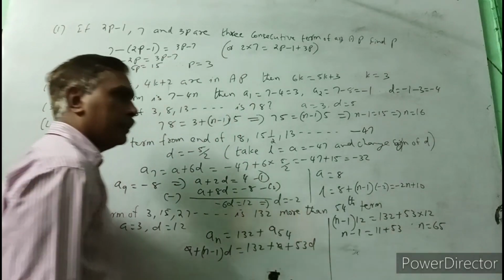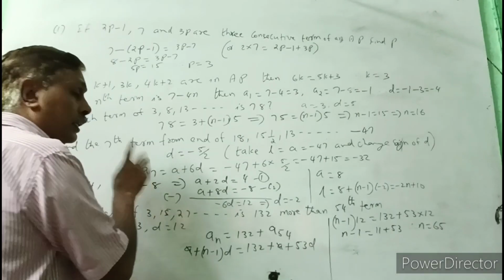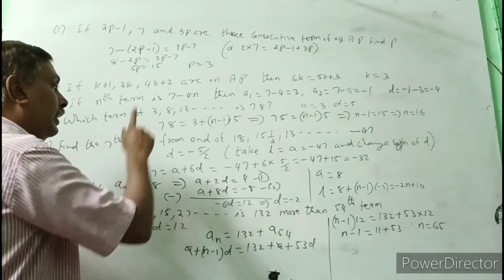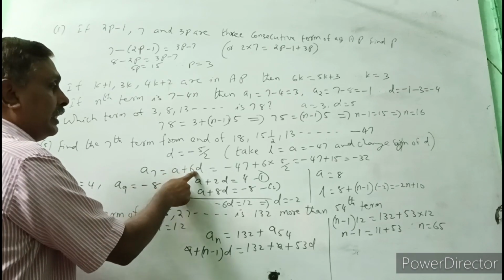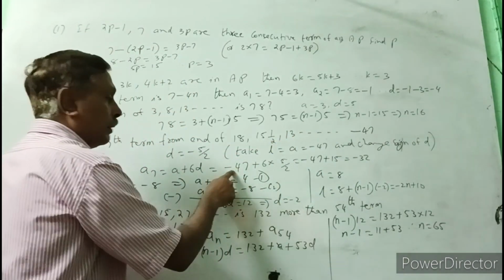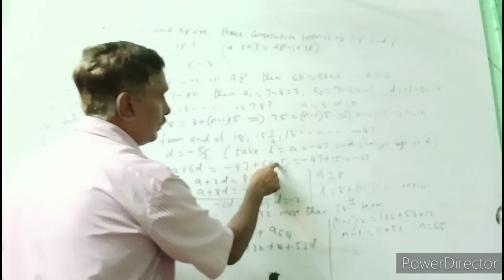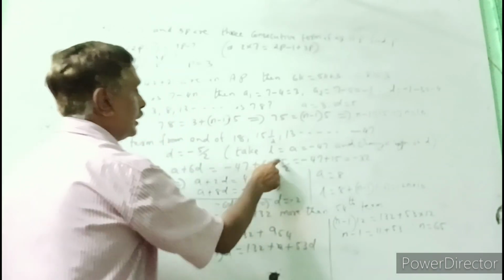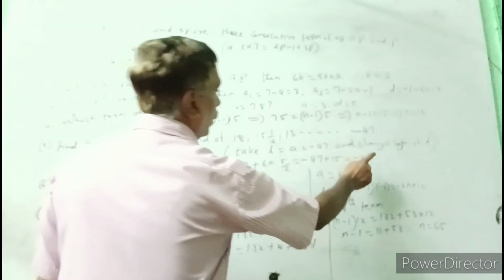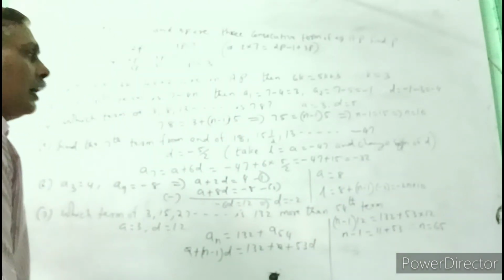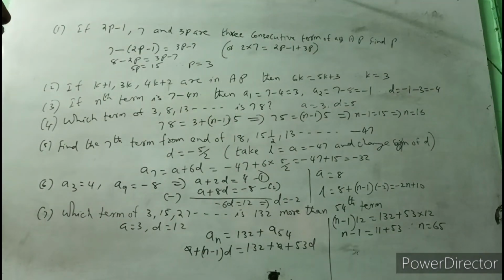Then you can directly find it with the same formula. The 7th term from the end is a + 6d. A is the last term, that is -47 + 6 into, change the sign, so if you change it, it will come plus, 6 into 5/2, that is equal to -32 is the result, -32.